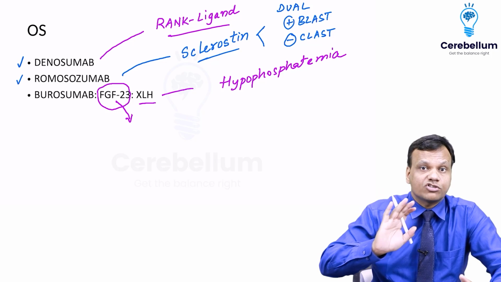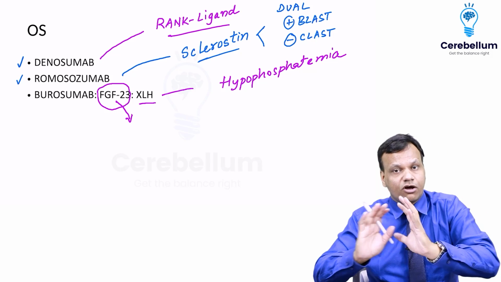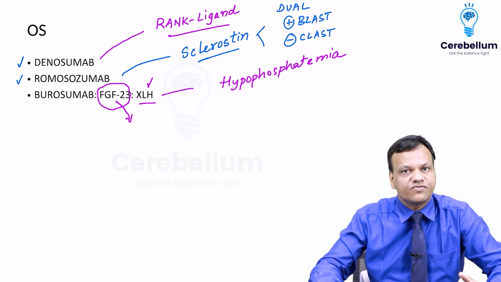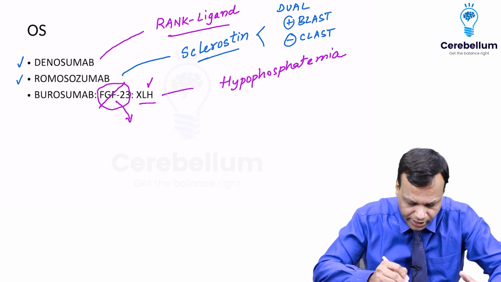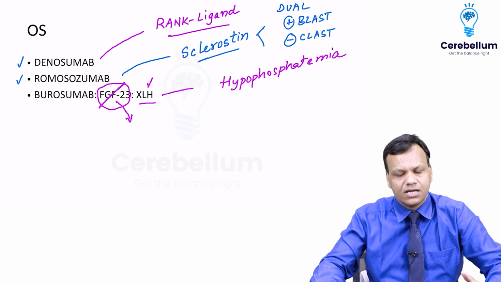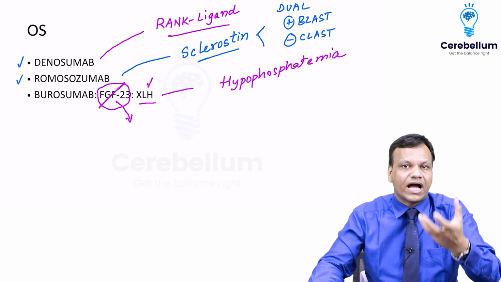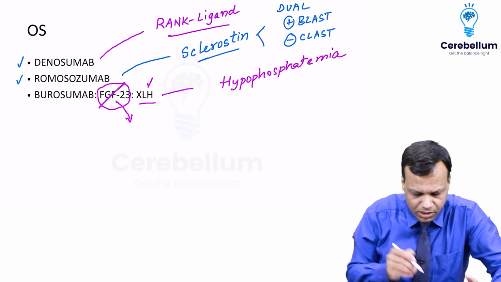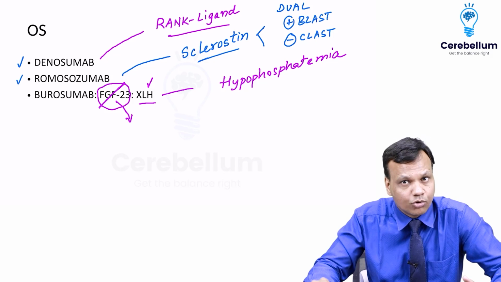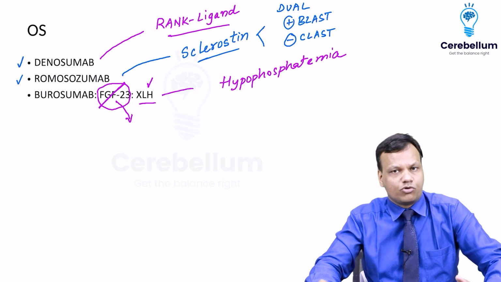So it causes loss of phosphate. So if there is excessive loss of phosphate, it leads to hypophosphatemia. So we have developed a monoclonal antibody Burosumab against this. So phosphate cannot be lost. So that will treat hypophosphatemia. Okay. So no need to remember this. Just remember Denosumab. And if you can, remember Romosozumab.